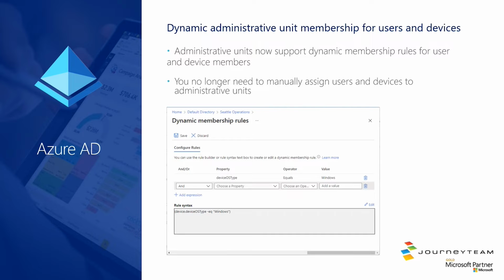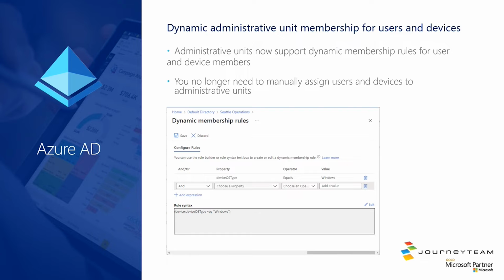units dynamic. Where this becomes really helpful is any organization out there that has delegated administration, and you've got a group of users or devices that you want to hand off the administration of those accounts to another part of the organization. You can give someone an Azure AD administrative role, and it only applies to the objects in an administrative unit.